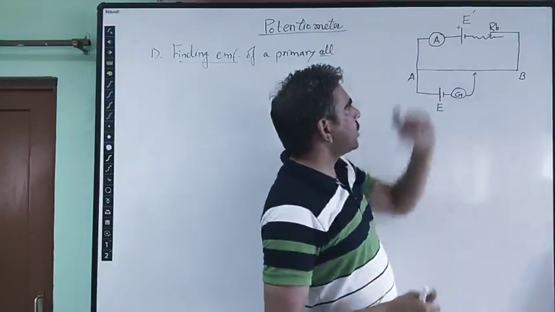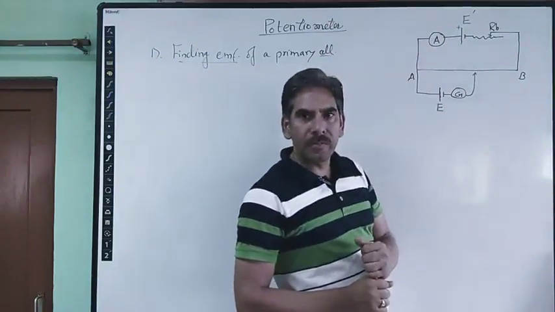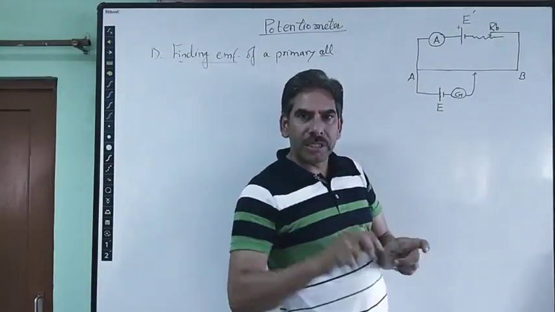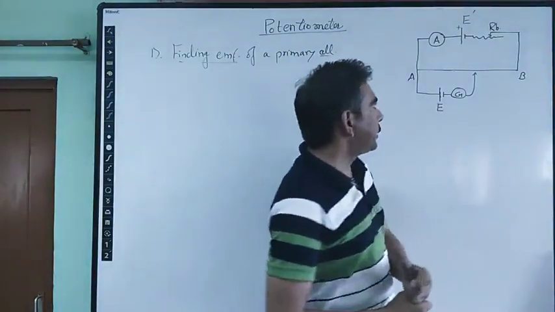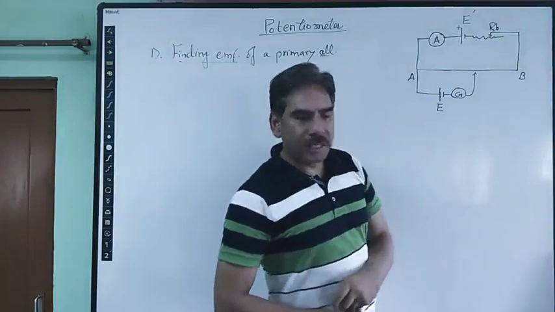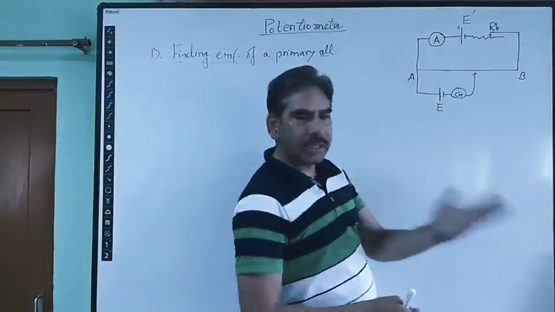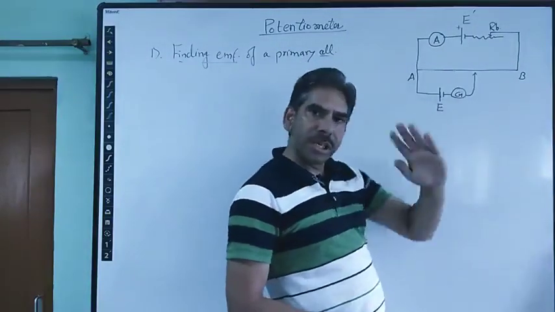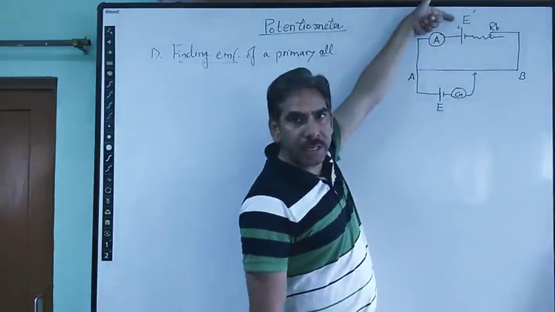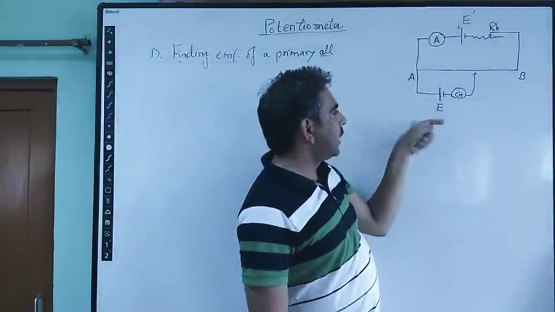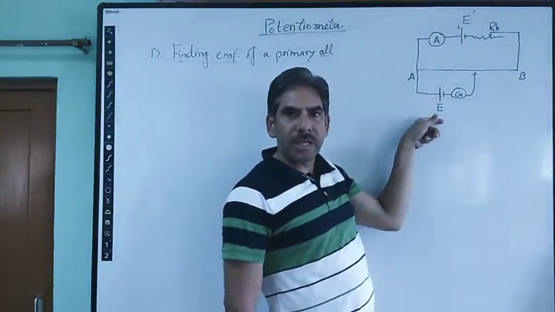Either the connections are not proper, so you should check that they are tightly made. Or the other reason for the deflection at A and B being in the same direction is that the EMF of this auxiliary battery is less than the EMF of this primary cell.